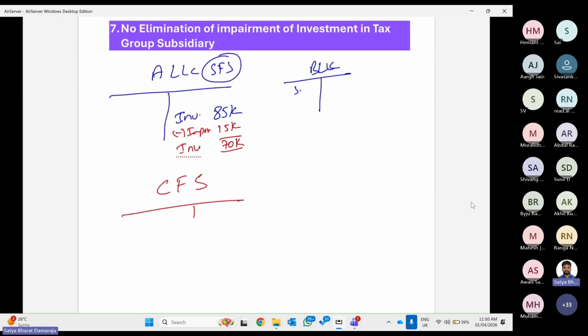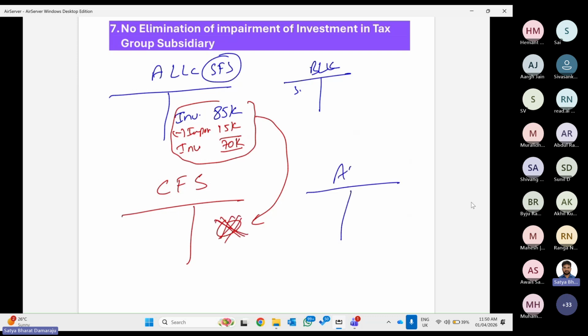While preparing CFS, we completely ignore this; it will not be there. It has to be eliminated, be it investment in subsidiary, any kind of impairment losses, or any fair value changes relating to the investment in the subsidiary. We should not even consider it while preparing CFS. But for AFS, you don't eliminate.